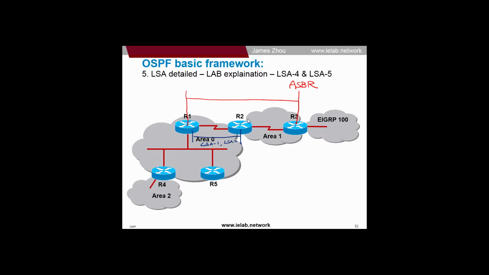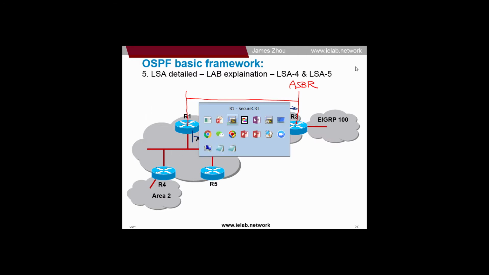Then we need to know the distance from the ABR R2 to the ASBR. How to know it? So R2 generates LSA4. LSA4 describes the distance from the ABR to the ASBR in another area, area 1.